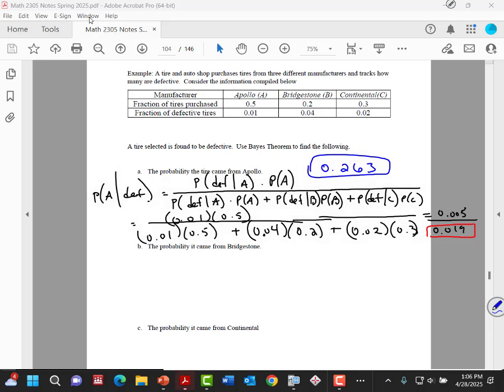Okay, what about the probability that it came from Bridgestone? Okay, so this would be very similar. You're going to see a pattern develop with Bayes' theorem.